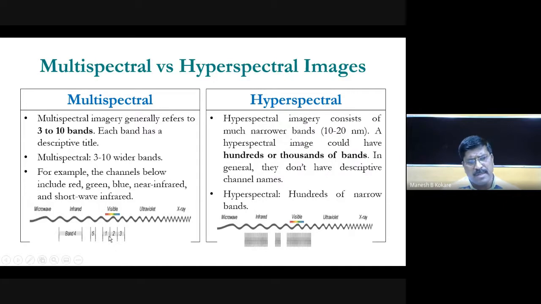It means the size of each band is around 100 nanometers, whereas here it is 10 nanometers. So within one multispectral band there will be about 10 hyperspectral bands. This is the difference.